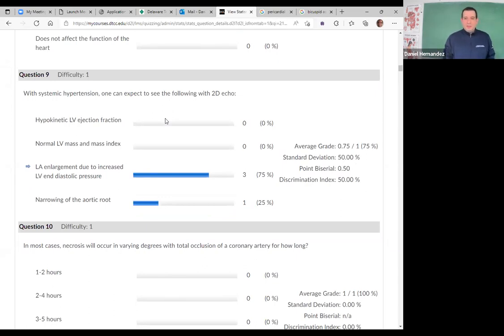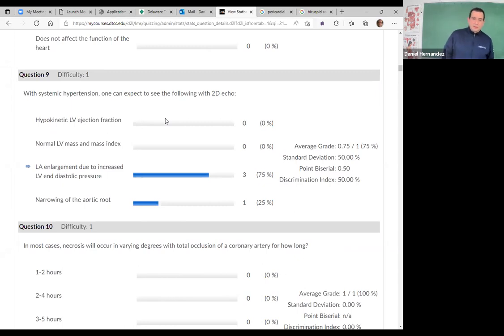With systemic hypertension, one can expect to see all the following on 2D echo. With hypertension, something that it could cause is actually a dilated aortic root. That's something we worry about with patients with long-standing hypertension, the potential for dilatation of that aorta and aortic root.